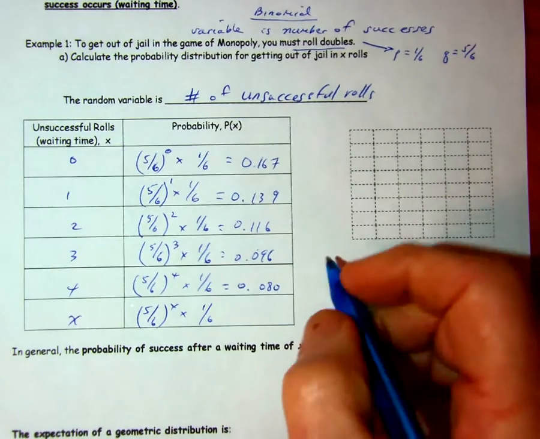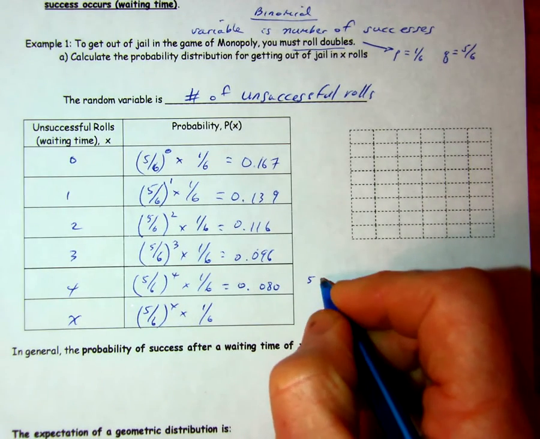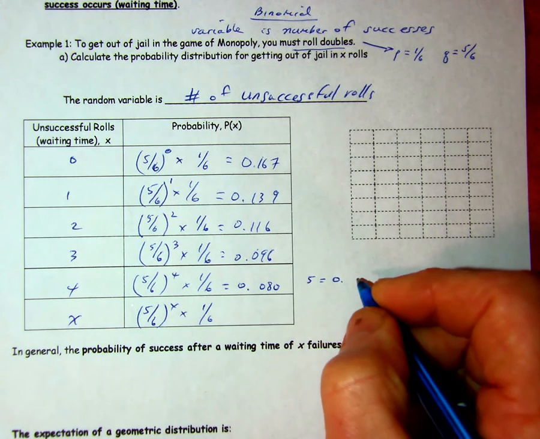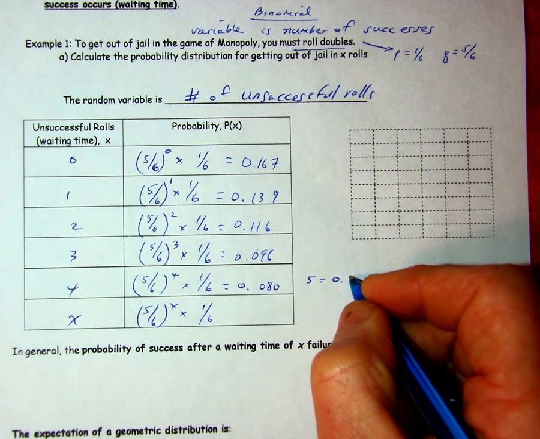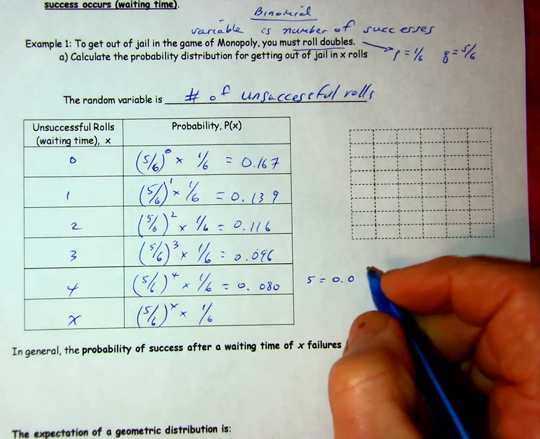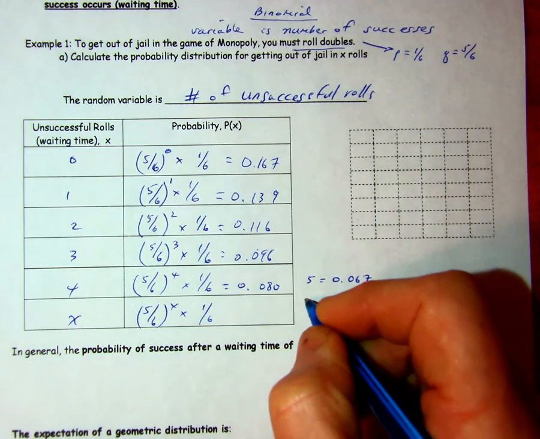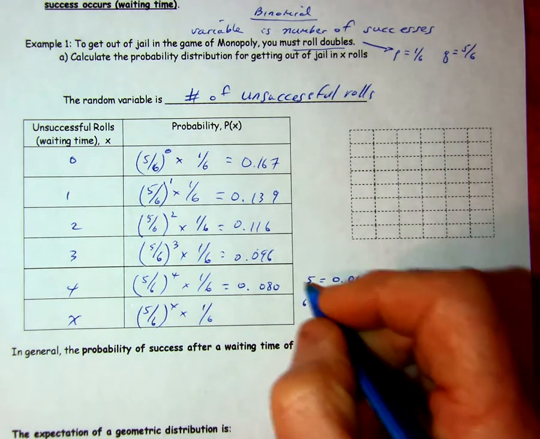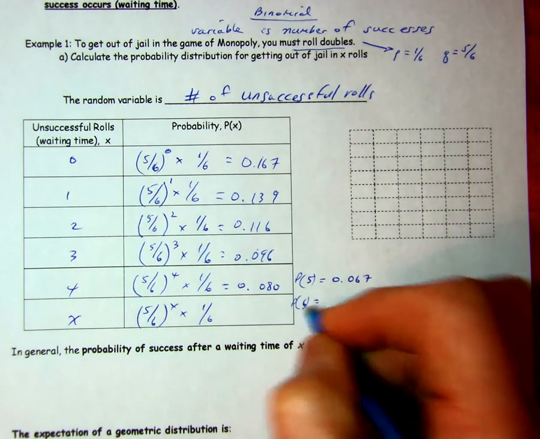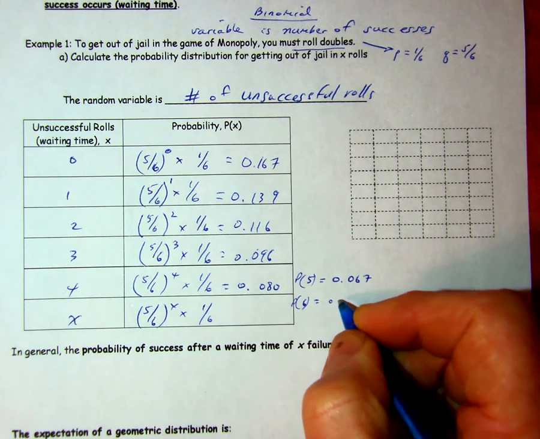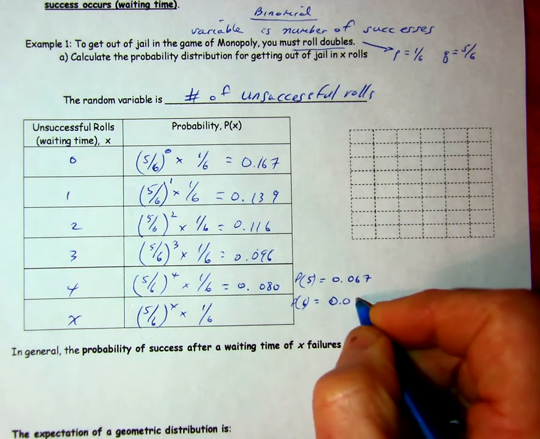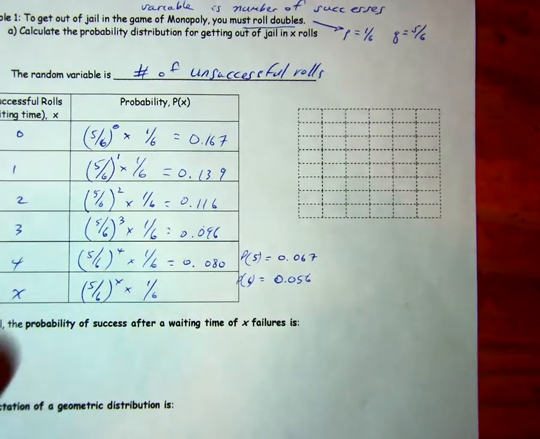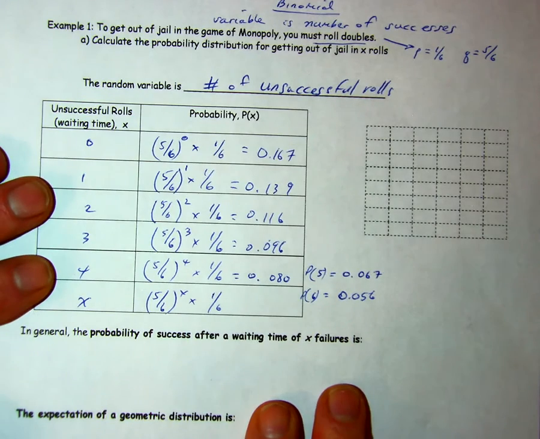And I'm just going to add 2 more. 0.056, I think. So remember, this is a distribution table.